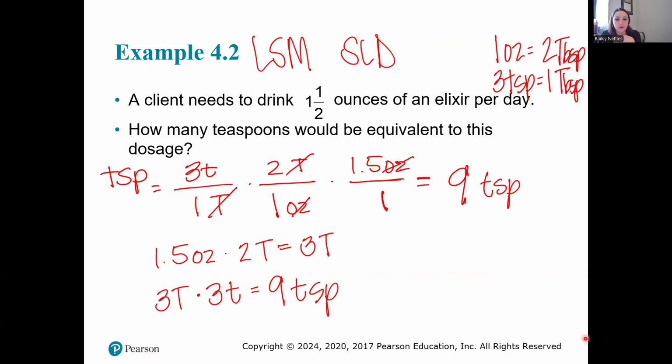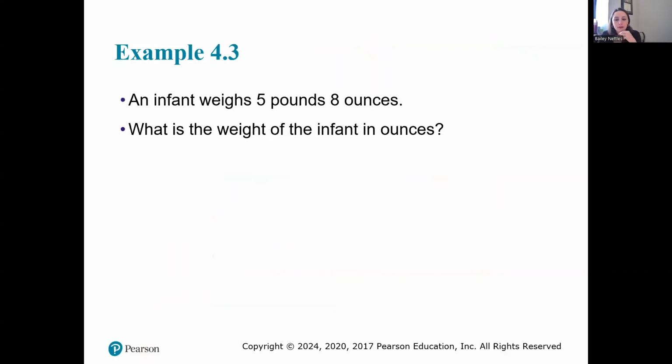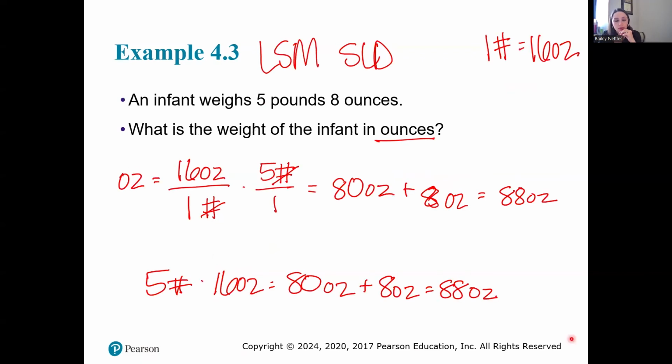All right, so now we have a patient weighs 5 pounds, 8 ounces. How many ounces total does the patient weigh? Okay, so once again, I'm looking for ounces, so I put my ounces over here. My conversion is 1 pound is 16 ounces.